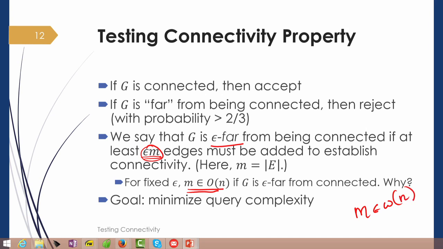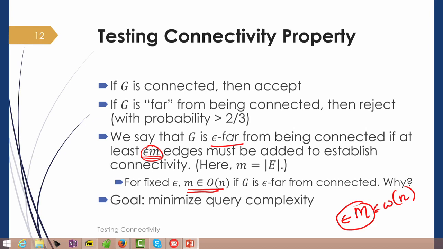In this case, epsilon m is also going to be little omega of n, in which case we immediately notice that this epsilon m number of edges is going to be sufficient for us to get the graph to be connected. So we simply cannot have a graph that is epsilon far from being connected having a number of edges that is little omega of n.